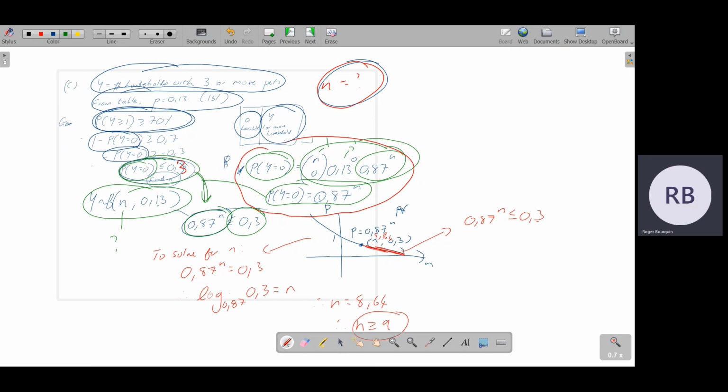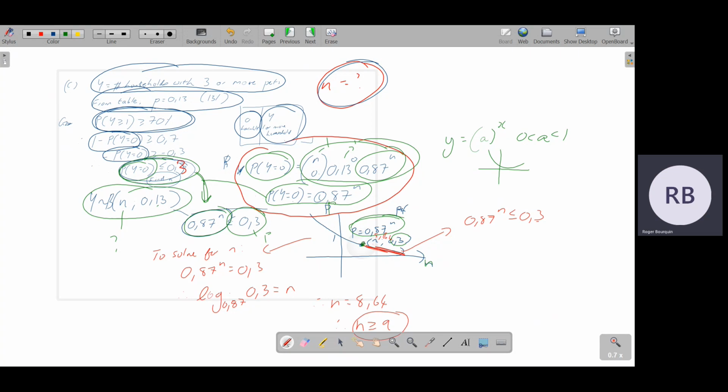Probability is the function 0.87^n. A graph of y equals a^x, where a lies between 0 and 1, will always be a decreasing function. So the graph of p equals 0.87^n against n will be a decreasing function.